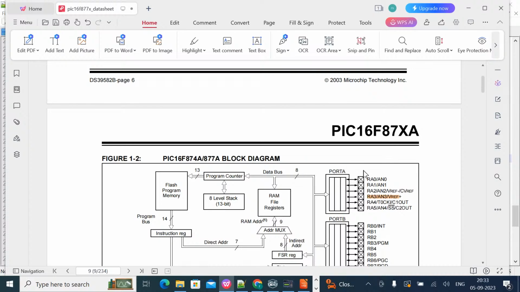This RA0 is only the first pin of port A, and that pin is connected to analog channel 0 of the ADC. That's why in front of it the name AN0 is given, but it is a single pin doing multiple functionality. Understanding?